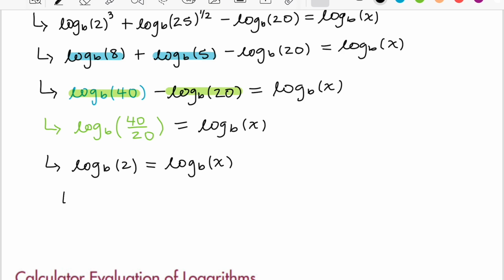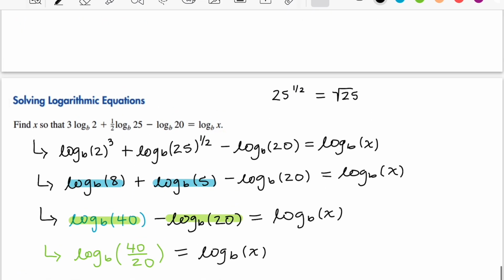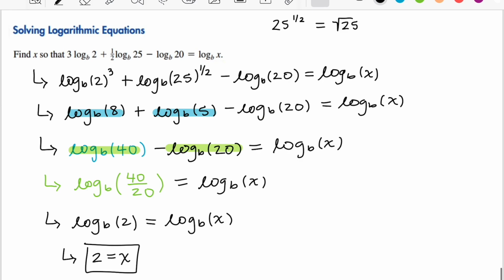So this property tells us that 2 must be equal to x. All right, and that is how we use these properties to solve log equations.